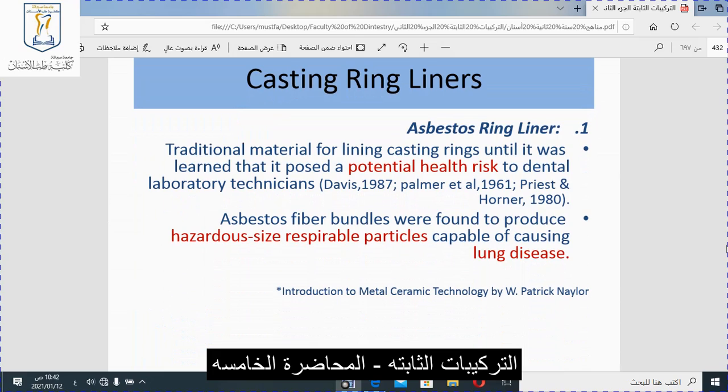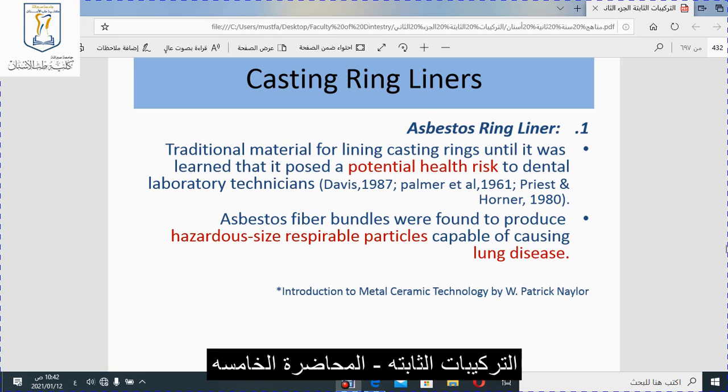Casting ring liner. The asbestos ring liner lines the metallic ring to give freedom of expansion, which we need during expansion of the investment, whether setting expansion, hygroscopic expansion, or thermal expansion.